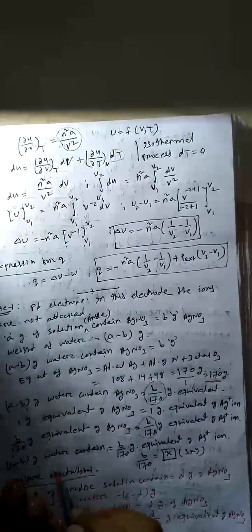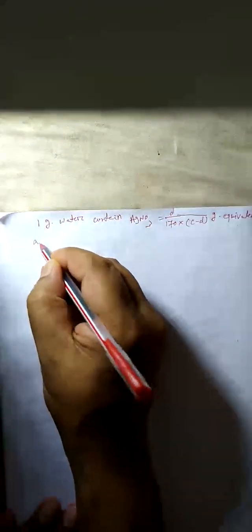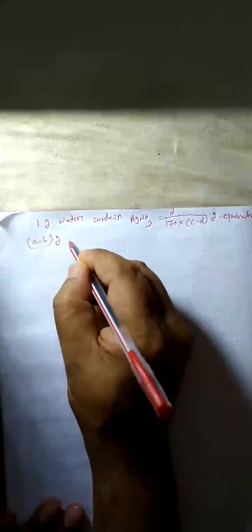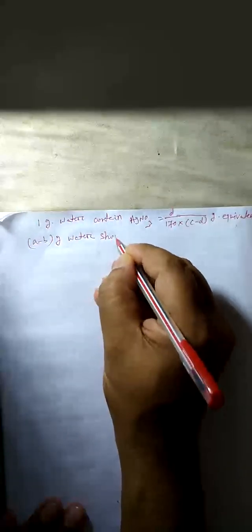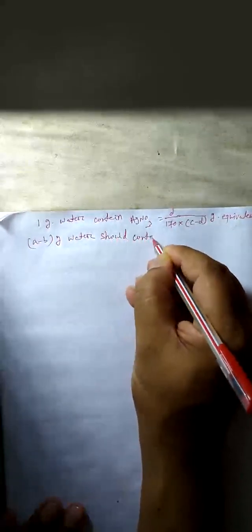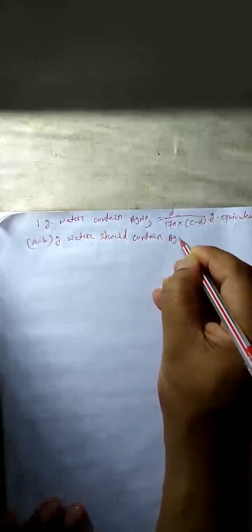Then A minus B gram of water contains how much silver nitrate? 1 gram of water contains that amount, then A minus B gram of water should contain D by 170 into C minus D, then into A minus B. This is the gram equivalent.